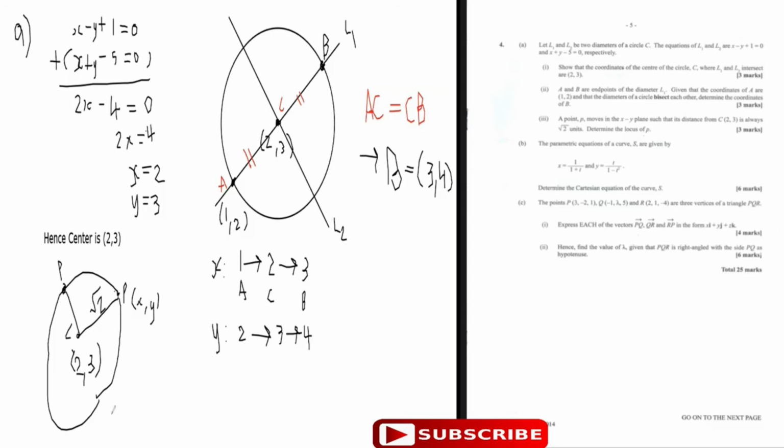And so the locus of P is going to be given by x minus 2 all squared, because it forms a circle, plus y minus 3 all squared, and that's equal to r squared, where r is the length of the radius, which is root 2.